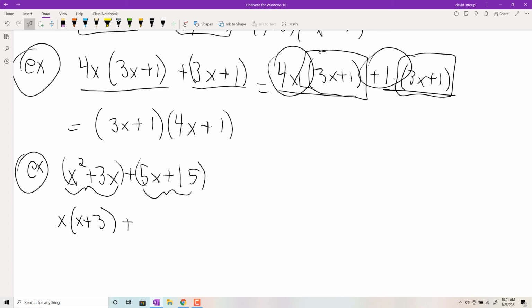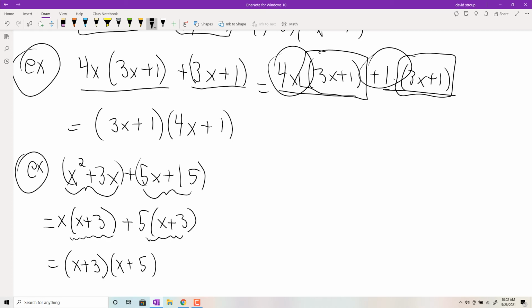And the second pair, you can factor out 5. If you do that kind of factorization and you see a common binomial, then you can factor out the common binomial. So in this case, we could factor out an x plus 3. And then you're left with x plus 5, right?